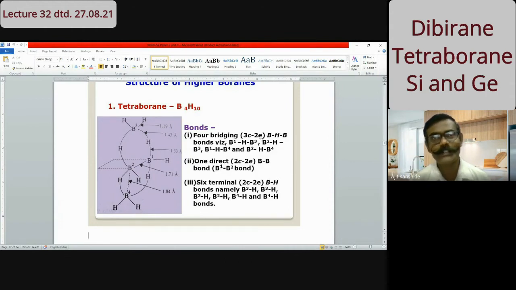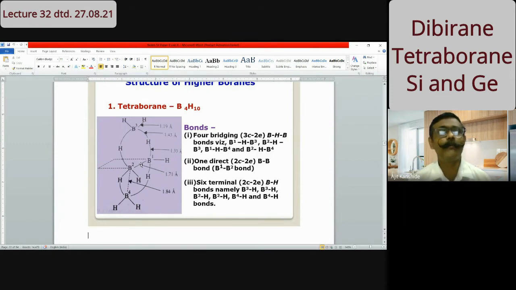Diborane means B2H6, about which we discussed, and here the other borane is B4H10. It is called tetraborane, that we are discussing. Its bonding we are discussing. In addition to the terminal and the bridged bonding, there is a direct bond between boron and boron. Actually 4 borons are there, but out of those 4, only 2 borons are linked to each other.